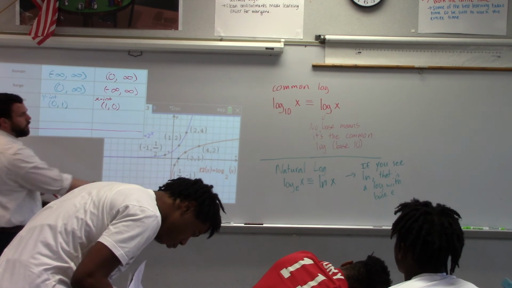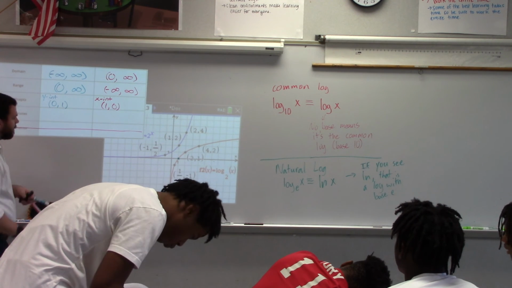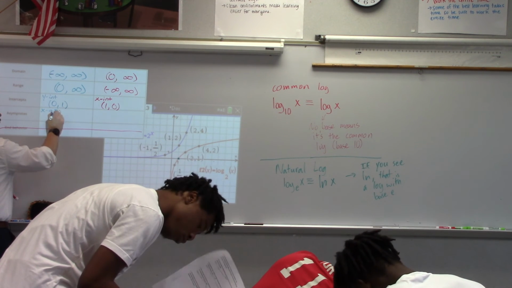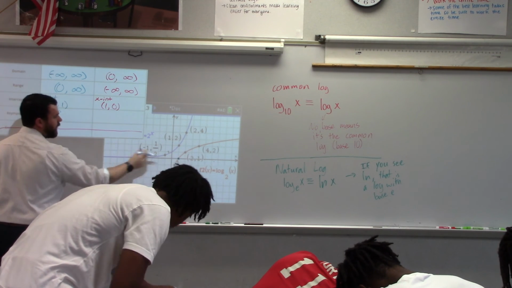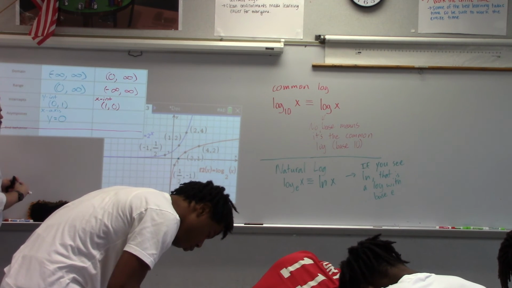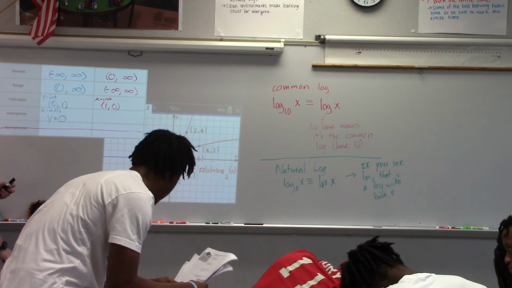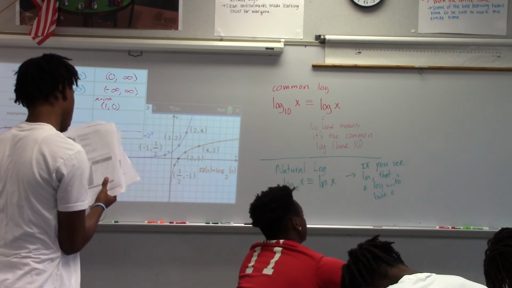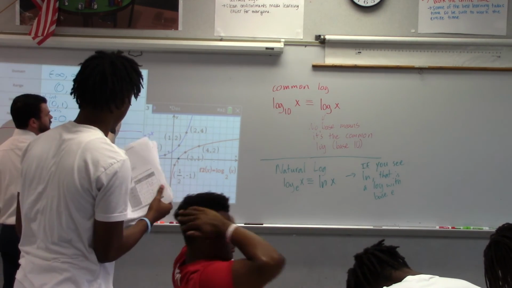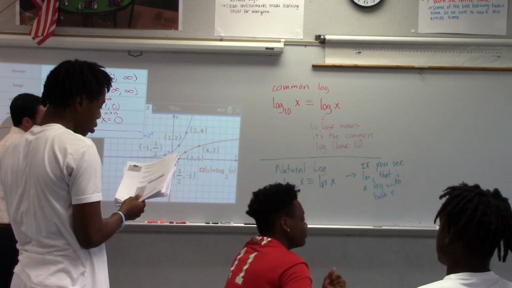It's approaching the x-axis, where every point has a y value of 0. That's the asymptote, known as a horizontal asymptote: y equals 0. So what would it be for the logarithmic? Basically the y-axis, so it's approaching the y-axis. Remember, the x and y switch, so x is equal to 0.